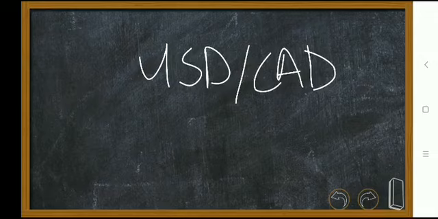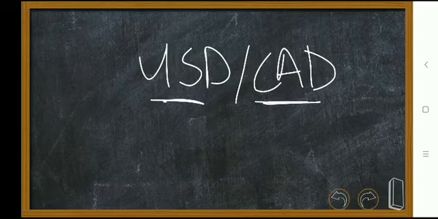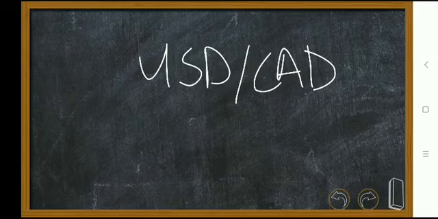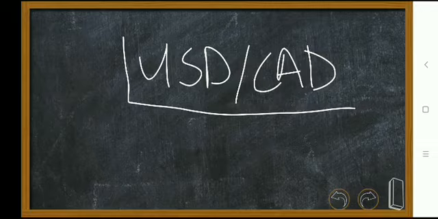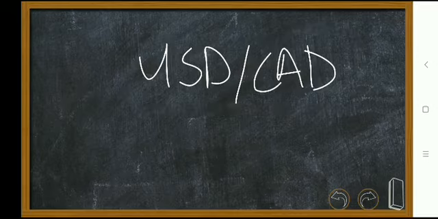Let me show you now. We have USD CAD. When USD was strong in the last scenario, we sold Euro USD. But in this scenario, if USD is strong, we are going to buy USD CAD. We are going to buy the entire pair. Hope I'm making sense.